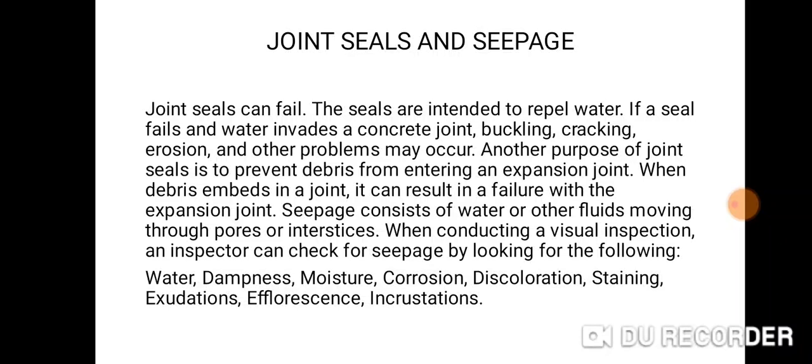Seepage consists of water or other fluid moving through pores or interstices. When conducting a visual inspection, an inspector can check for seepage by looking for the following: water, dampness, moisture, corrosion, discoloration, staining, exudation, efflorescence, incrustations.